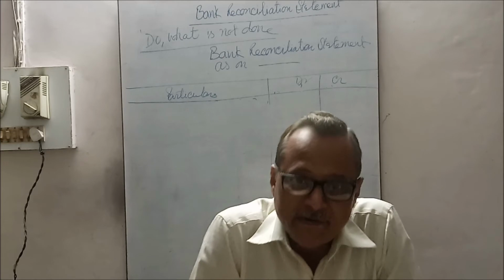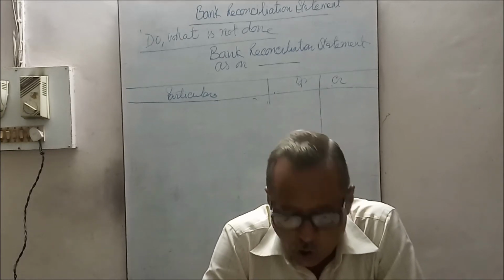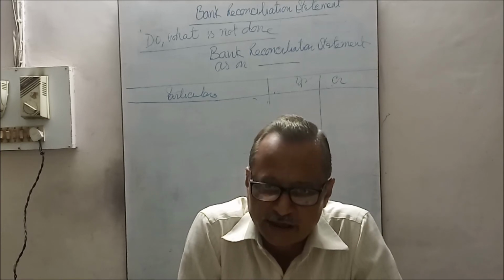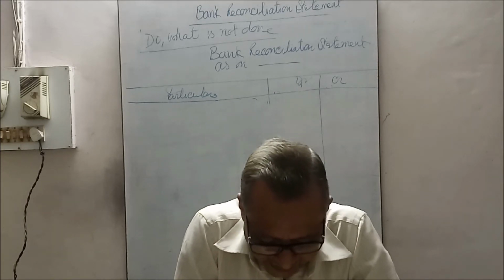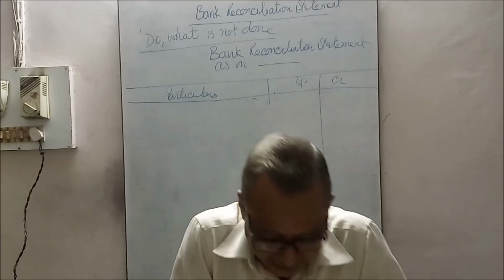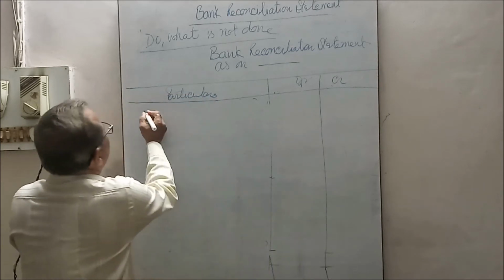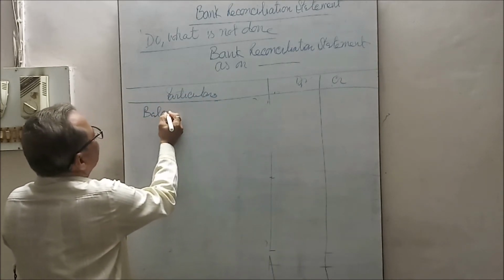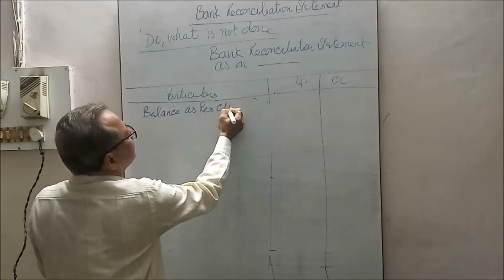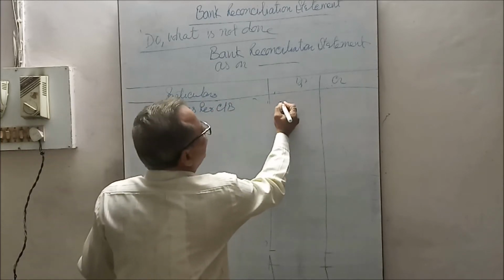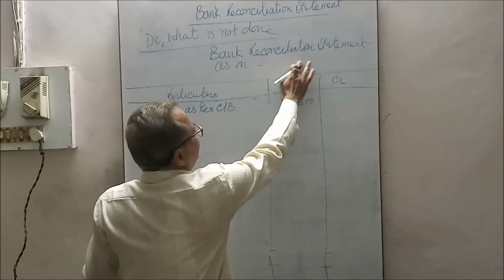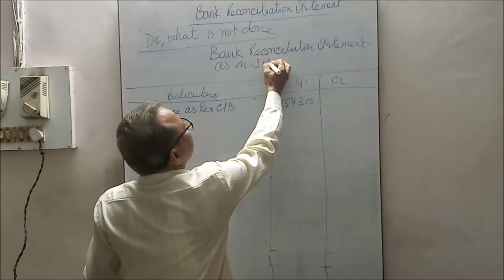Rimjim Limited maintains a current account with the State Bank of India. On 31st March 2018, the bank column of its cash book showed a debit balance of 1,54,300. I am writing here: balance as per cash book shows debit balance 1,54,300, and this is the date, 31st March.